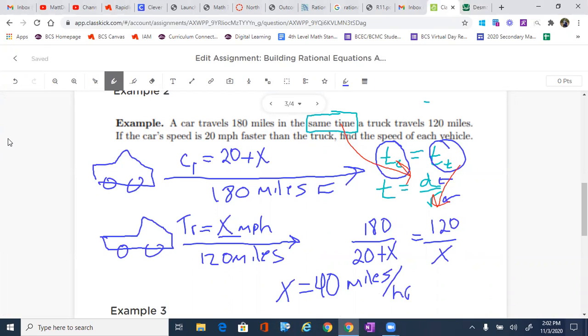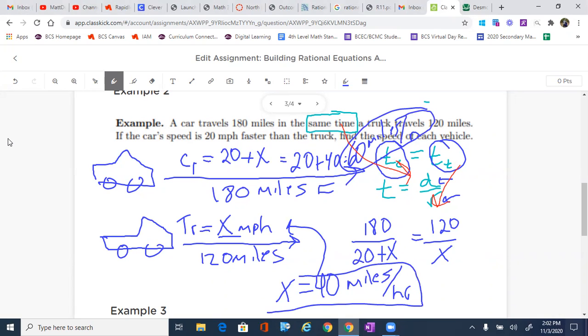So X, which is our truck, was going 40 miles per hour, and our car was going 20 plus 40, which gives us 60 miles per hour. So the car was going 60 miles per hour and the truck was going 40 miles per hour.